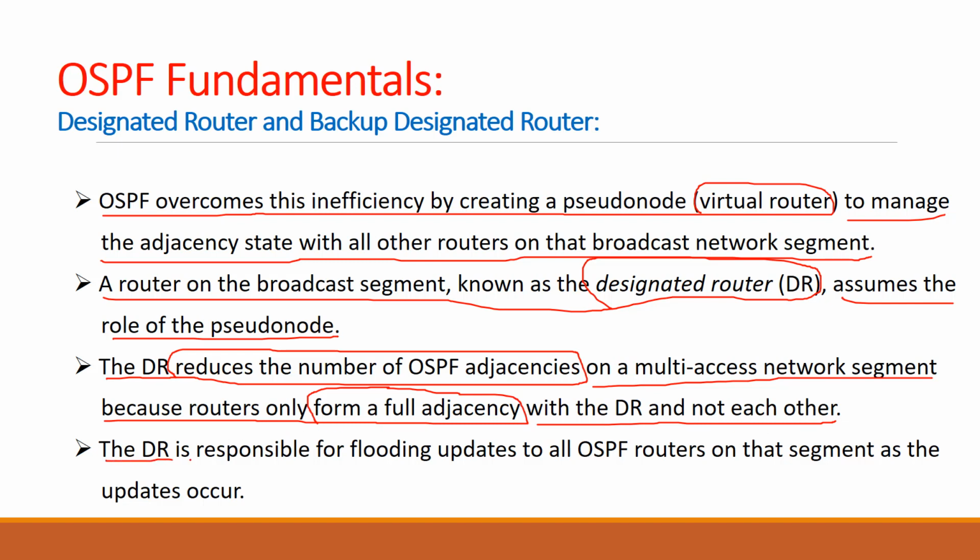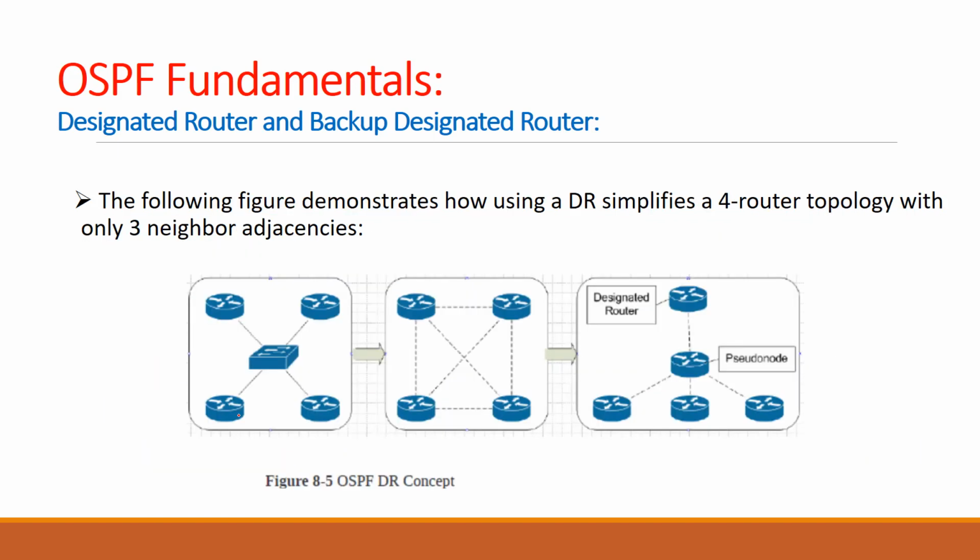The DR also is responsible for flooding updates to all OSPF routers on that segment as updates occur. The following figure demonstrates how using a DR simplifies a 4-router topology with only 3 neighbor adjacencies. Without a DR, we will have 6 adjacencies.